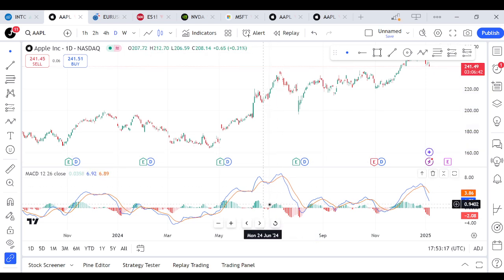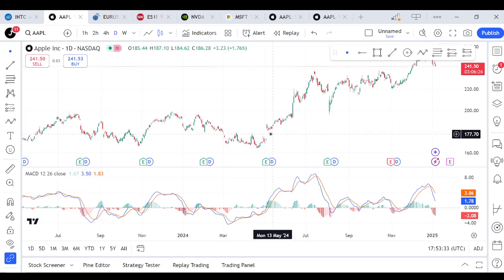Now we also have the histogram. The histogram is the difference between the MACD and the signal lines. So you should observe how the MACD histogram grows as momentum increases and shrinks as it decreases. You can see here we have increasing momentum right here, with increasing rising prices, and you can see it reflected on the histogram of the MACD.